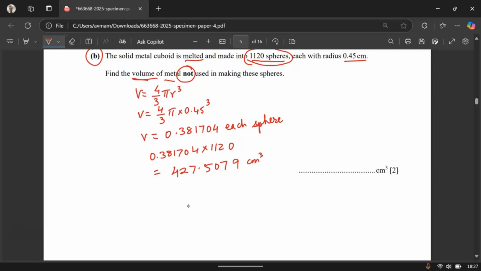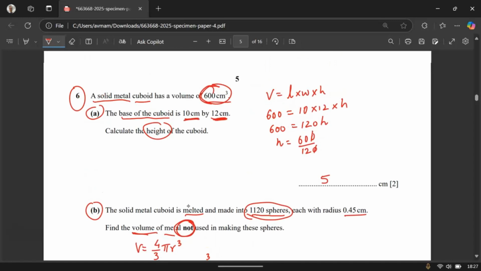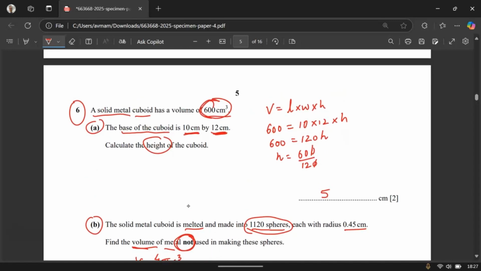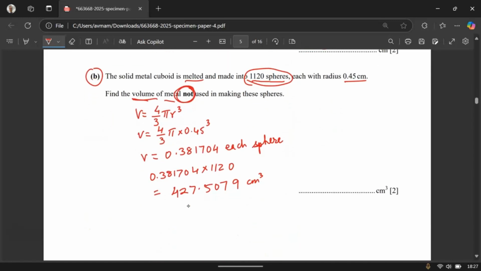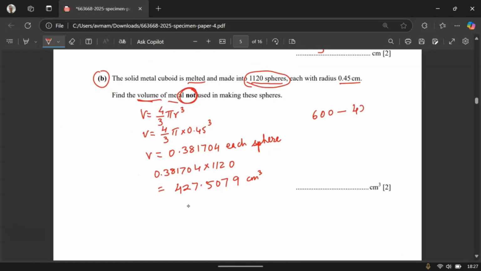Now we need to find the volume of the metal not used. So the actual volume of the cuboid was 600 cubic centimeters. So subtract this from 600. So 600 minus 427.5079.